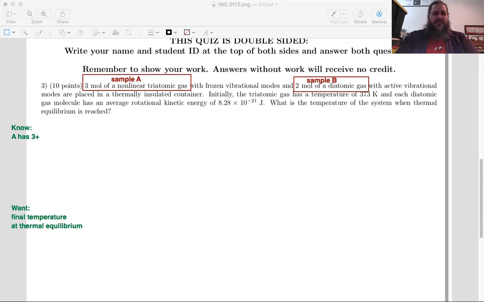What's another way it could be moving other than just traveling through space? Yeah, we'd have rotational modes as well. And if it's nonlinear, how many axes can it rotate around? How many dimensions is our universe?